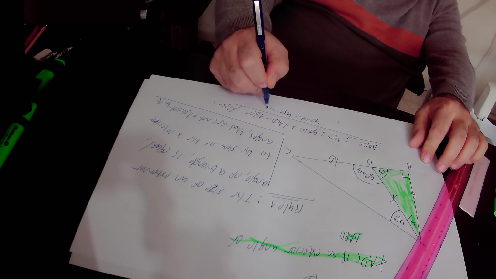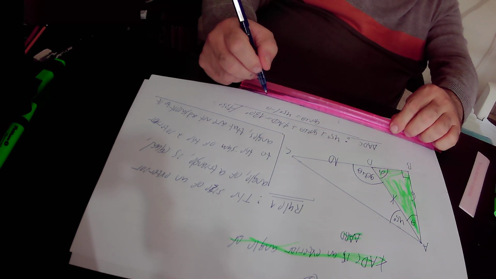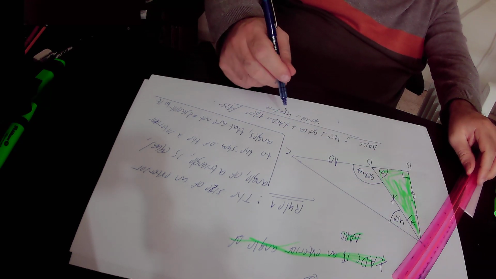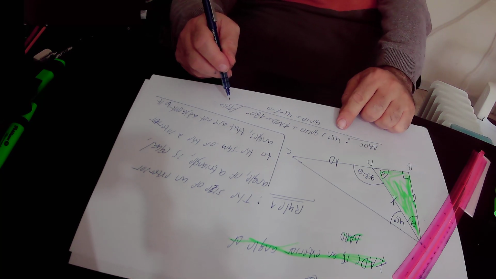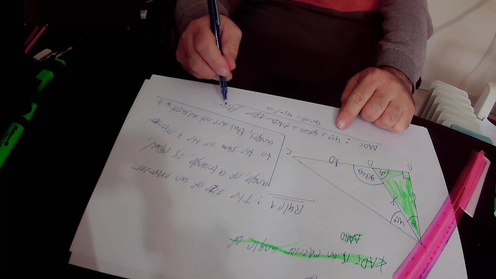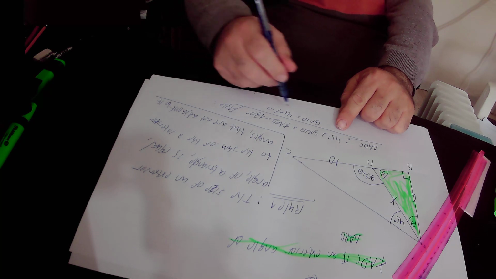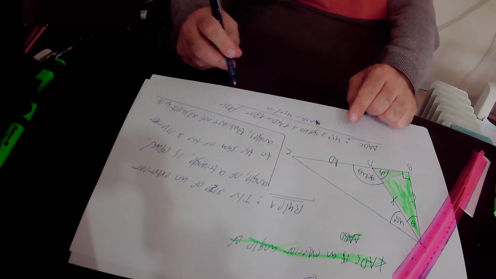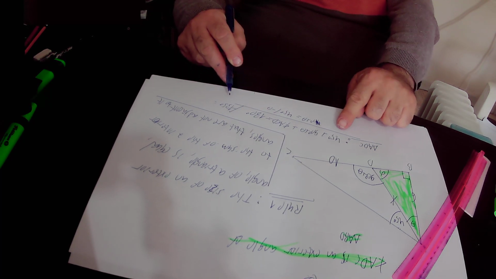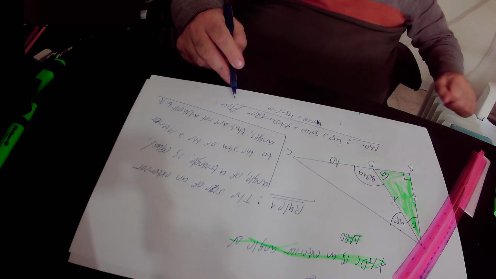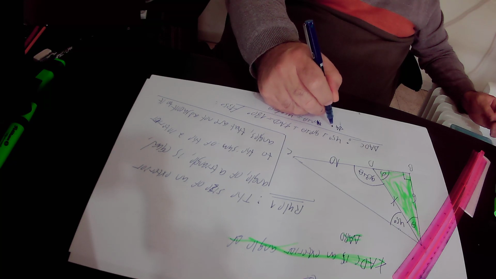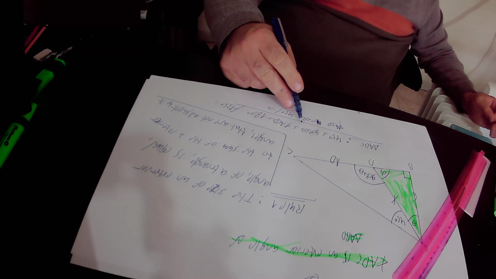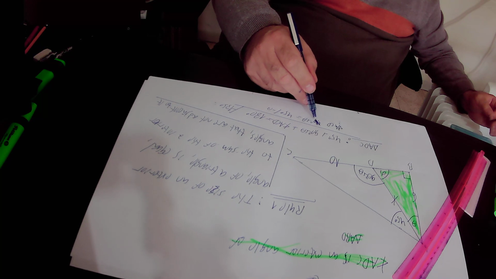So after we subtracted 135 degrees from this equation, we got that angle ACD, the missing angle, plus angle theta equals 45 degrees.